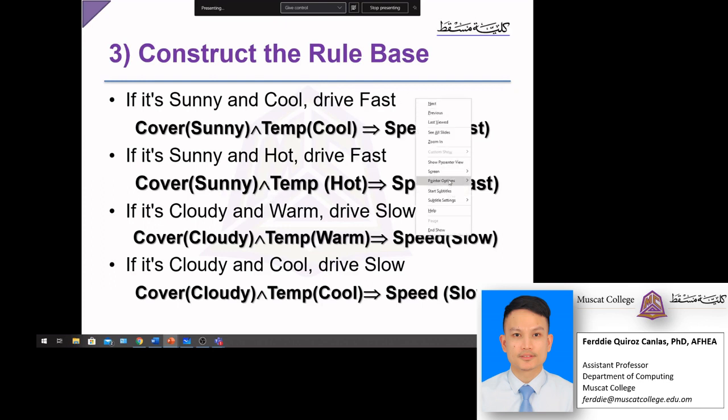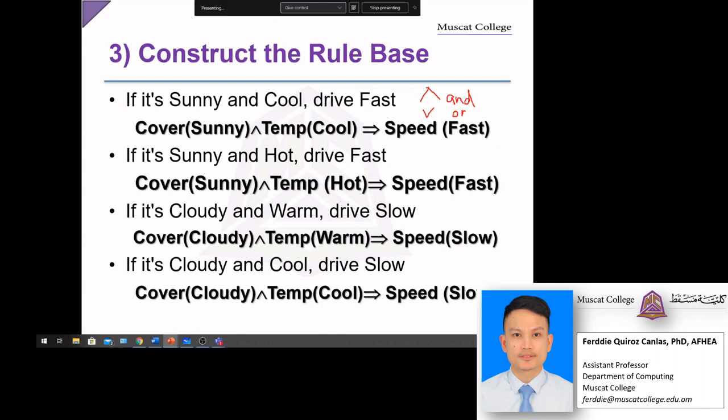When you see this symbol, it means and; this symbol means or. Next, if it's cloudy and the temperature of the environment is warm, then you have to drive slow.